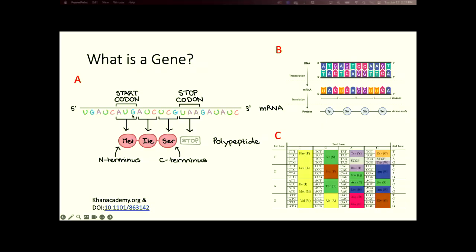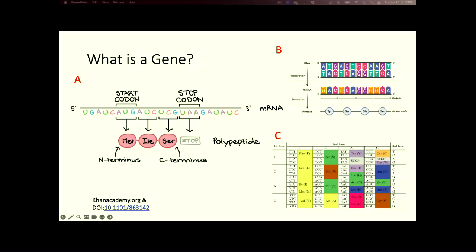So we code M for our start codon, and then AUC is I, etc. We add these amino acids in a chain to each other, and then they fold into protein structures. These proteins are what make up all life. So the genetic code in DNA encodes what our proteins will look like.